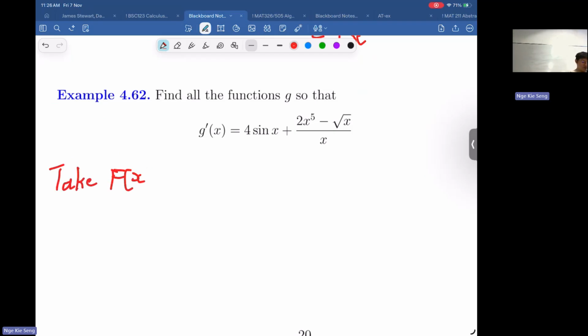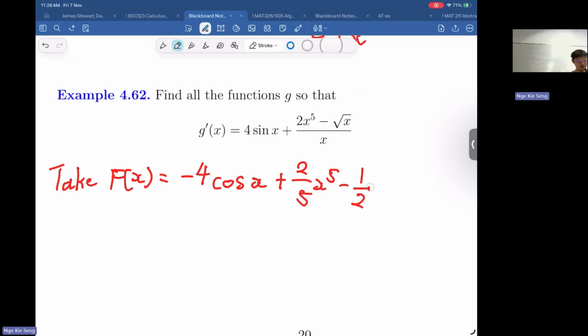So take capital F(x) to be minus 4 cos x, then minus half, and then x root x, 1 over 2 root x, so root x over 2, plus c. Any other solution or not?